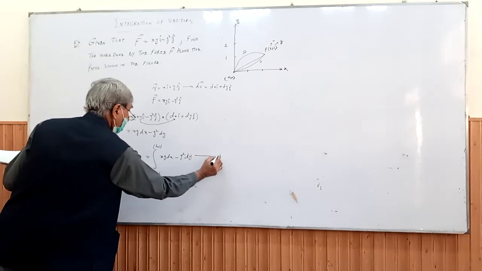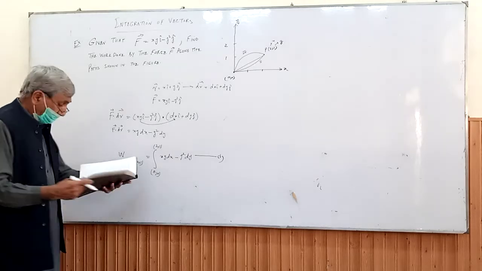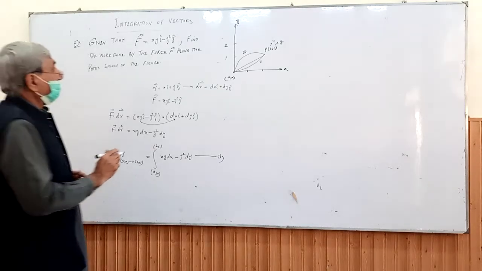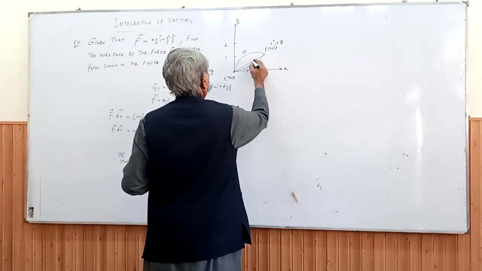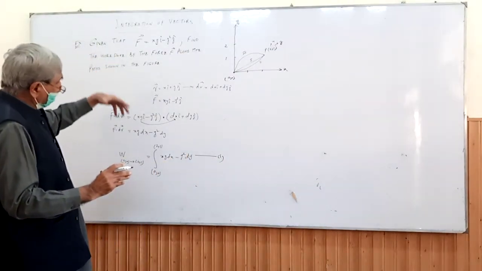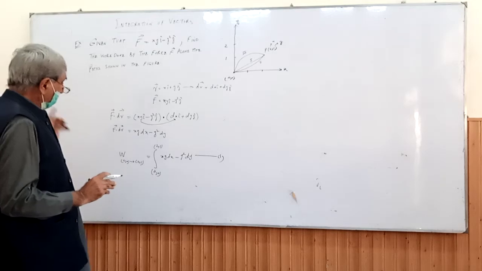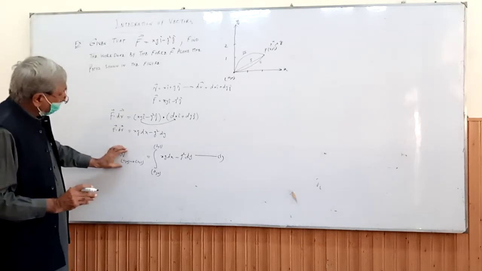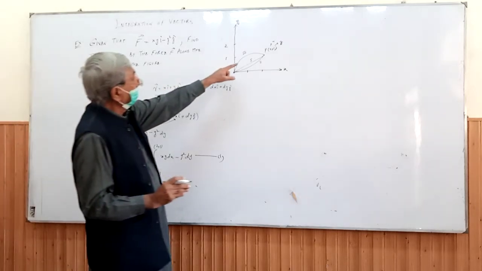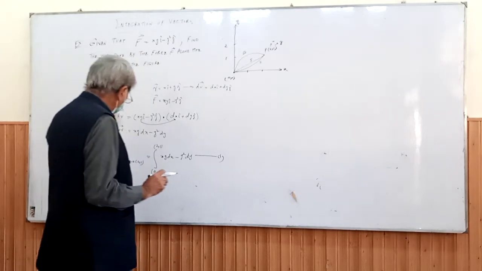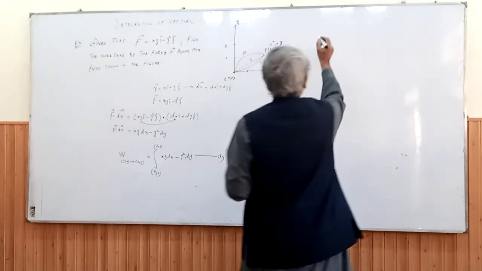Let's call it equation number 1. Okay, let's first calculate. There are actually 3 problems in it, because you will find the work done, that is this quantity, first for path number 1, then path number 2, then path number 3. So let's first calculate for path number 1.